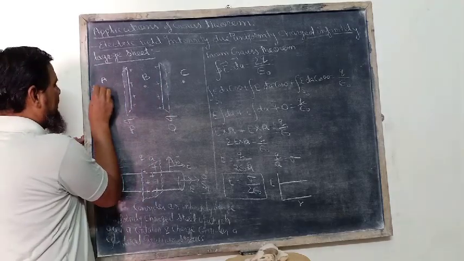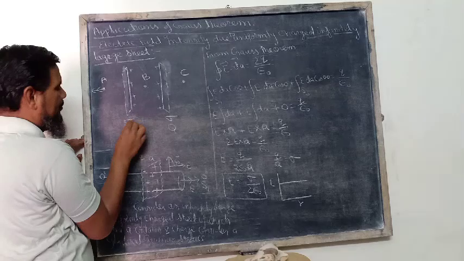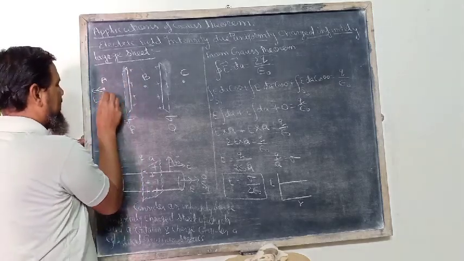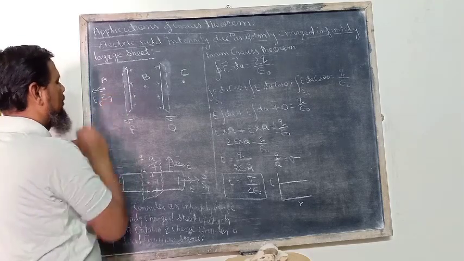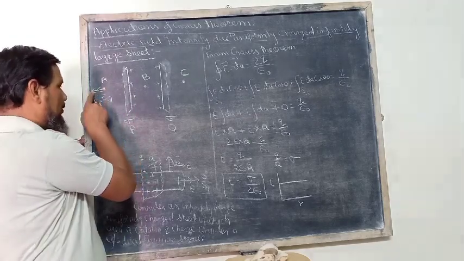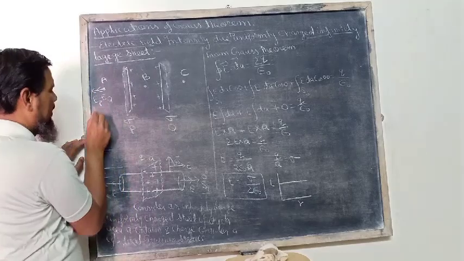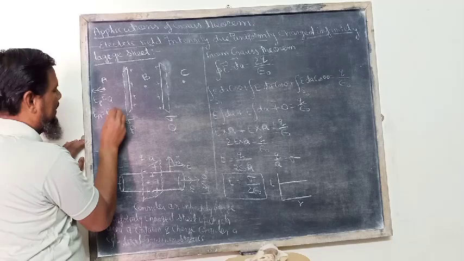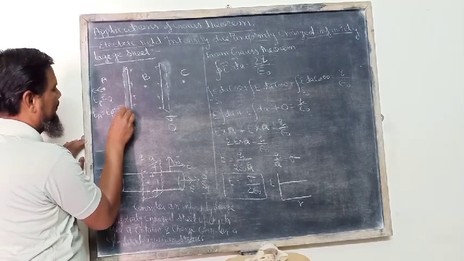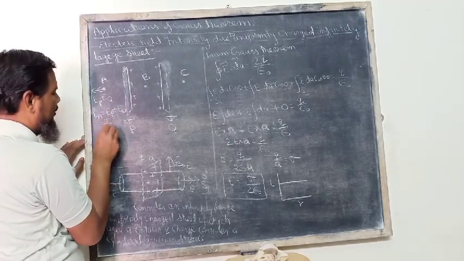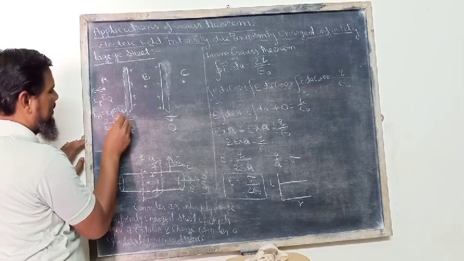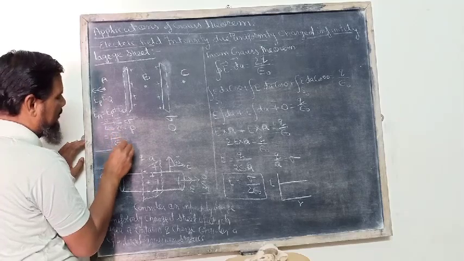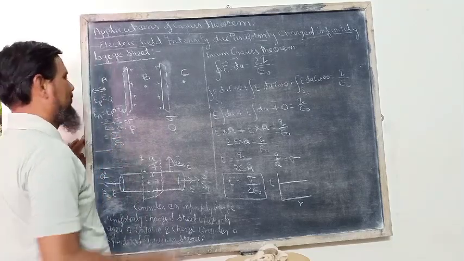And in this case, the electric field intensity due to plate P and due to plate Q are along the same direction, so they add up. The value of EA is equal to EP plus EQ, means sigma upon 2 epsilon naught plus sigma upon 2 epsilon naught. So sigma upon epsilon naught will be the electric field intensity.